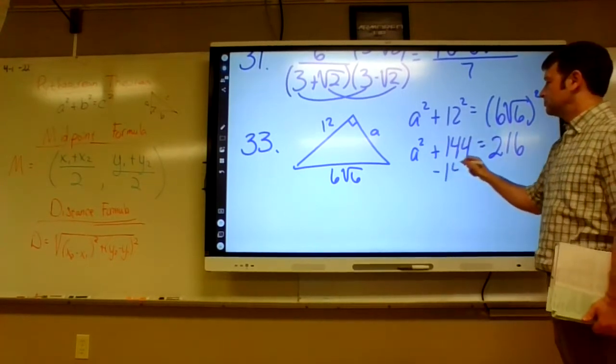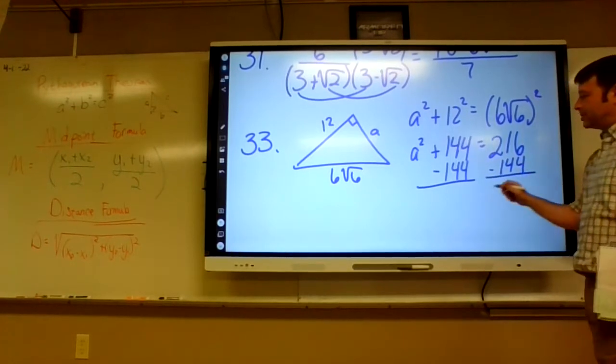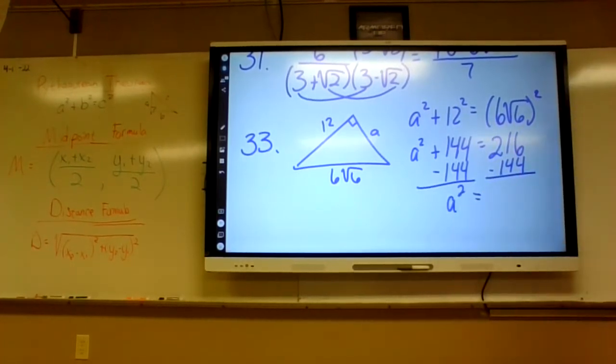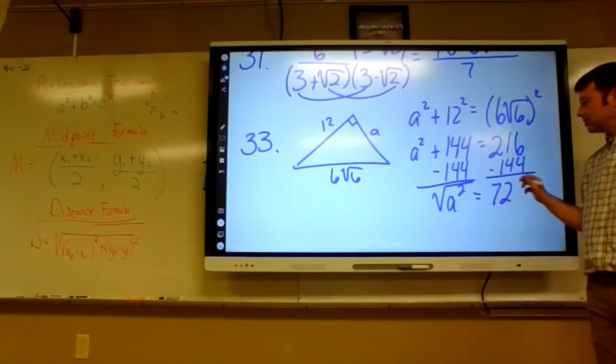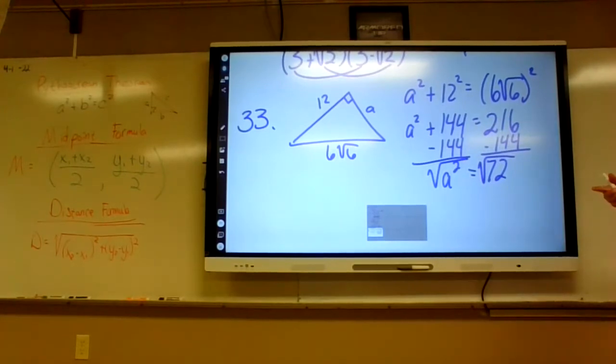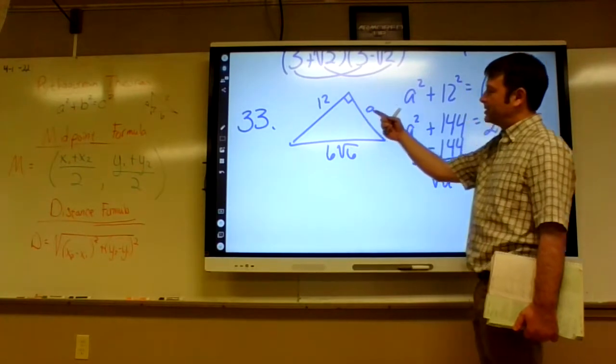Okay, so I'm gonna get a squared by itself here, so subtract 144. And what do we get? 72. Now, what do we do? Right, the opposite of squaring is square root. Now technically this could be a positive or negative answer, but positive only makes sense on this problem.